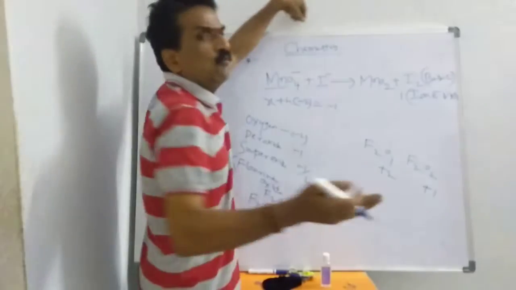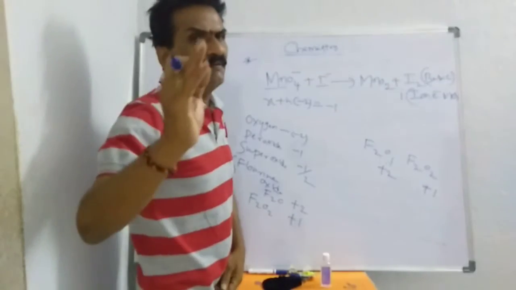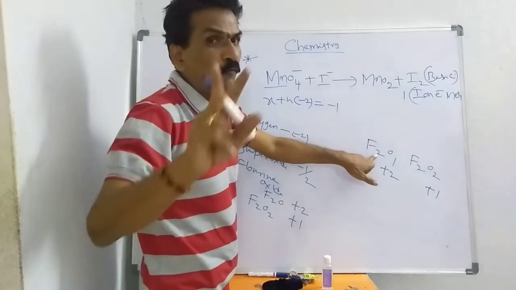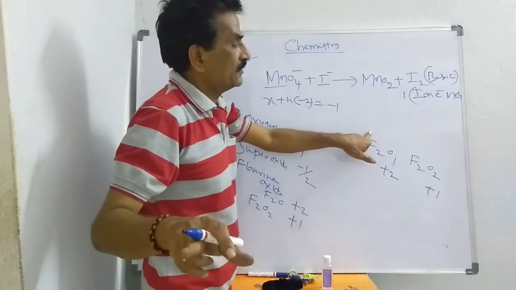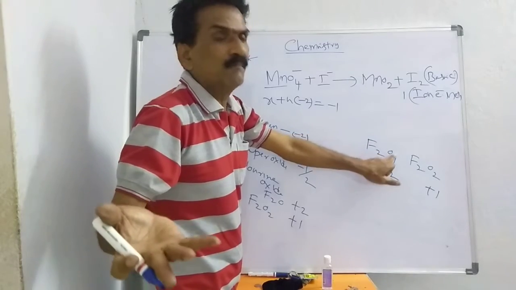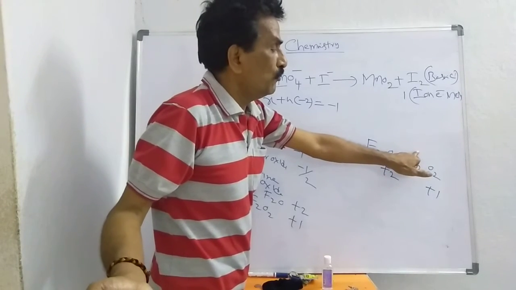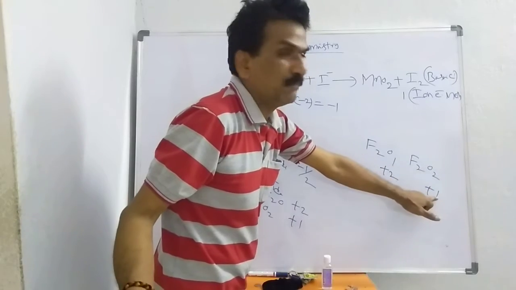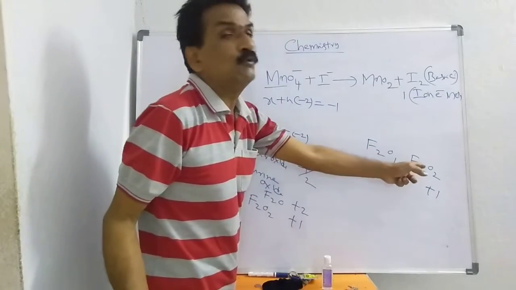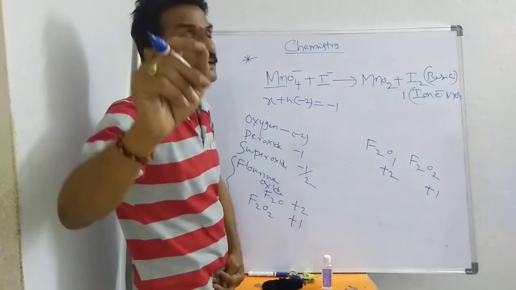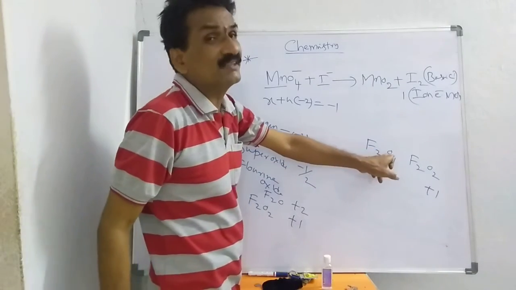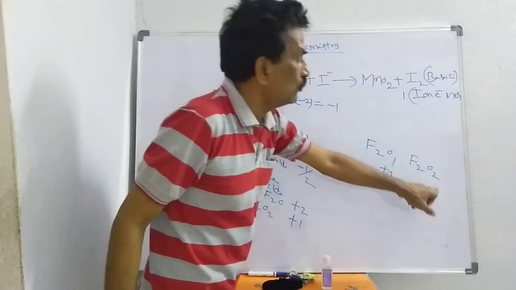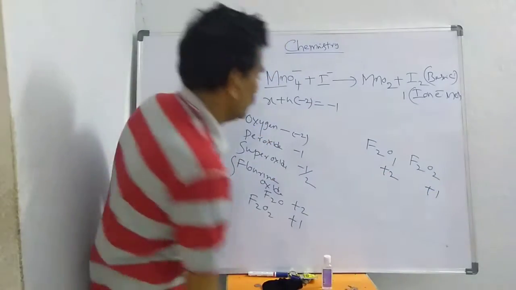You know very well, fluorine is a super halogen, it always shows minus 1. With 2 fluorines it is minus 2, so oxygen automatically goes plus 2 in F2O. In F2O2, 2 minus 2 plus, so O is plus 1. Please note it, a 2 marks question.